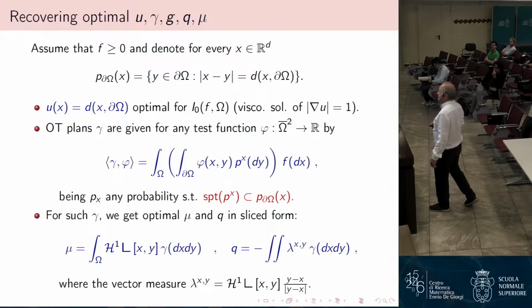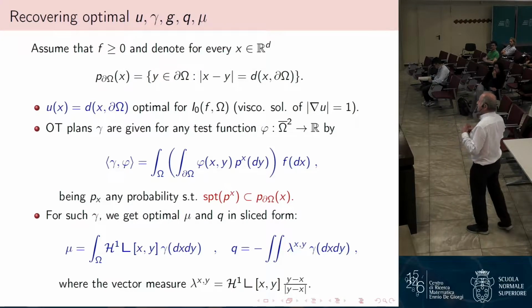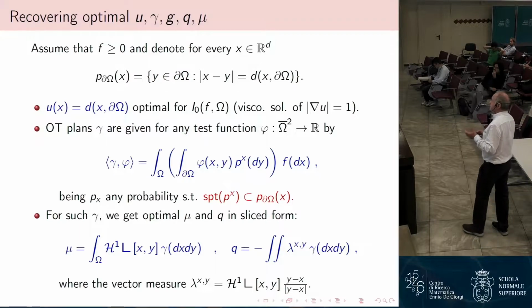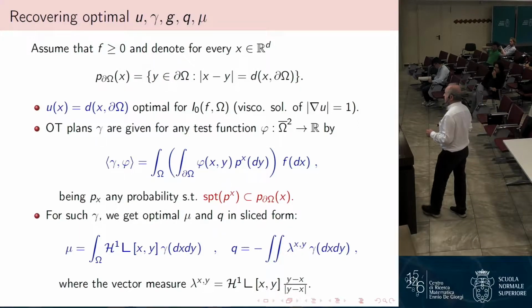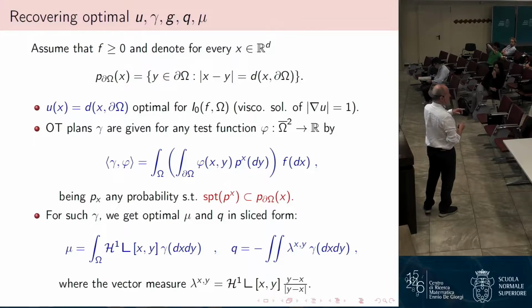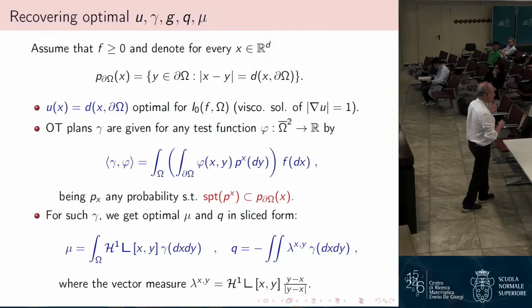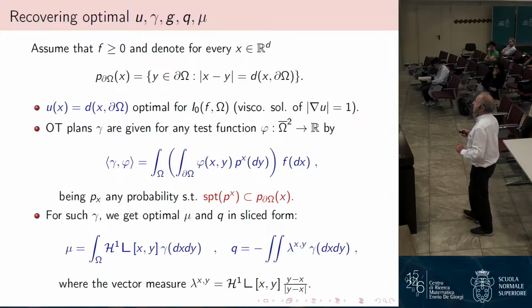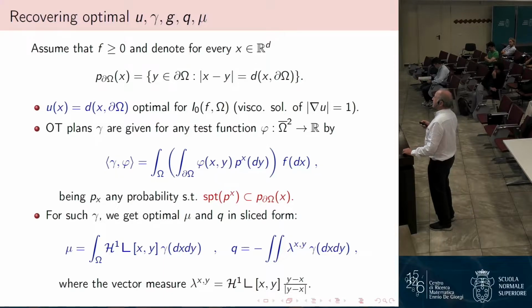Now, interestingly, you have a recipe to guess what the optimal Q is. Here you are in a scalar case. Q is a vector measure. There are no matrices here. In that case, if F is positive, the solution of the eikonal equation with constant 1 is the distance to the boundary.